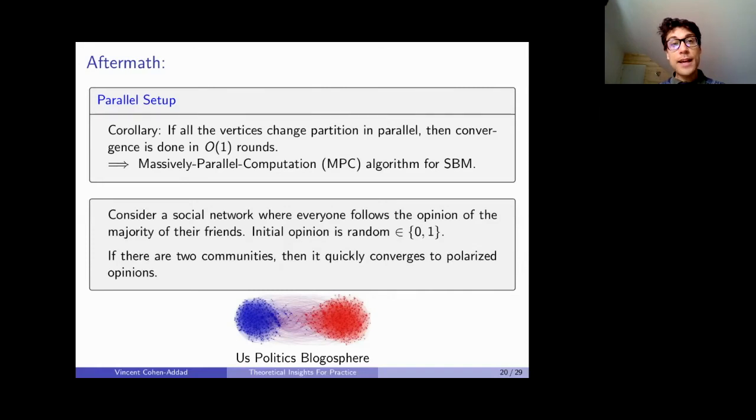And then what this proof shows is that if there is some kind of separation between these two communities, then you will quickly converge to very polarized opinion. In a constant number of parallel rounds, where you change your mind, you will move to one group being totally 0, the other group being totally 1.